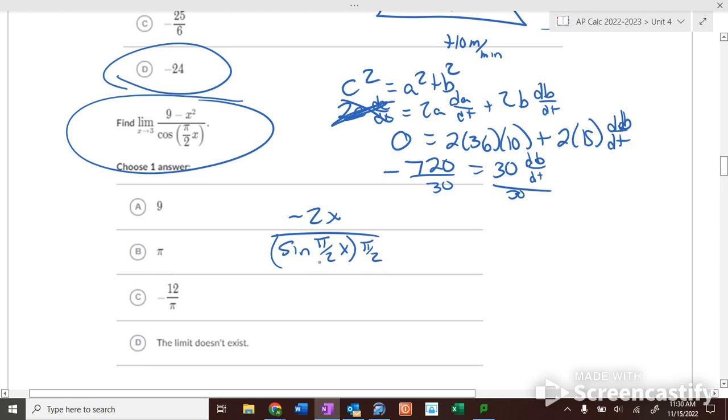If you stick in a 3, what's the sine of 3 pi over 2? The sine of 3 pi over 2 is negative 1. So you get negative 1 times pi over 2 on the bottom. On the top, you get 6. 6 over this is negative 12 over pi.